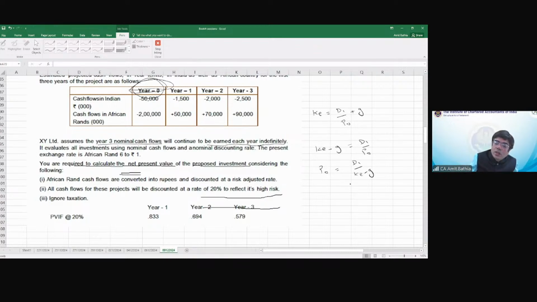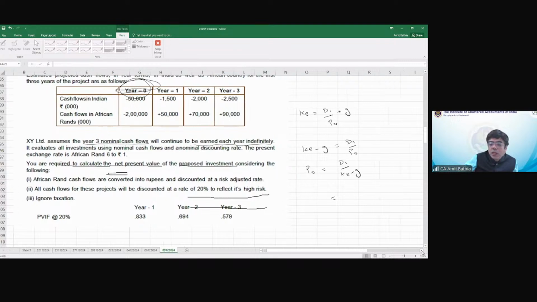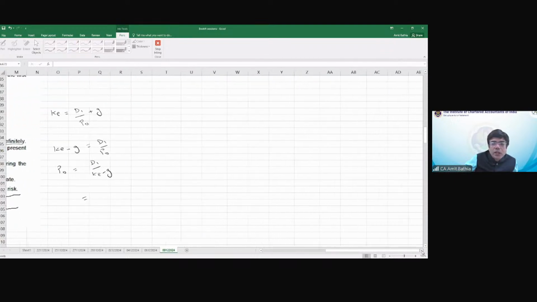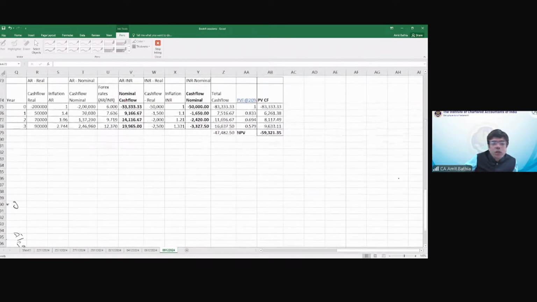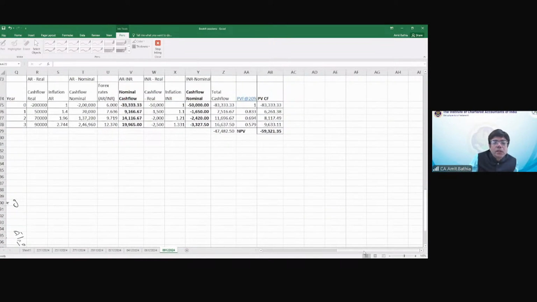Right? So here I am told the expected earnings I am expecting is the nominal cash flow of year 3. Do we have the nominal cash flow of year 3? Yes. It is 16,637.50.